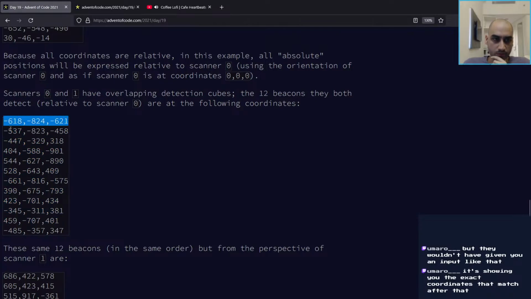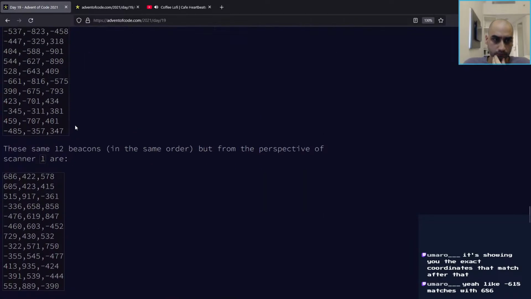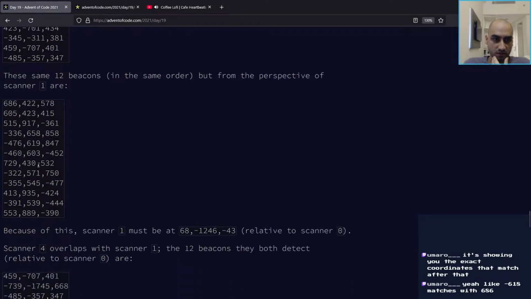But these don't match, because let's say that triplet there, that's in scanner 0, because they've decided scanner 0 is the origin. But that's not in scanner 1. (618) matches with 686. Yeah, but we could say this matches with, like, that one.